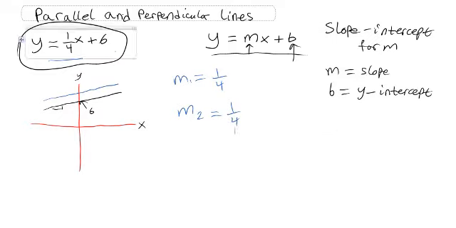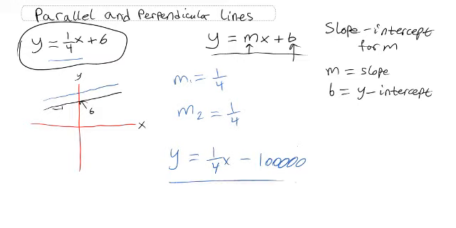It could be 7, it could be 8, it could be negative 50,000. I know that's ridiculous, but this line is parallel to this line because they have the same slope.